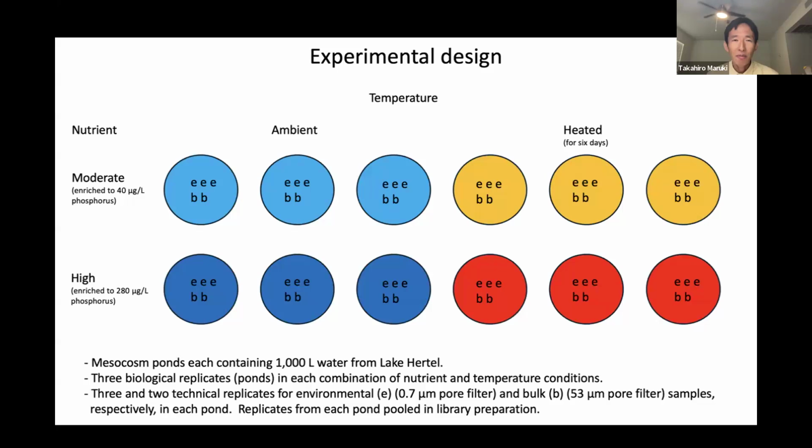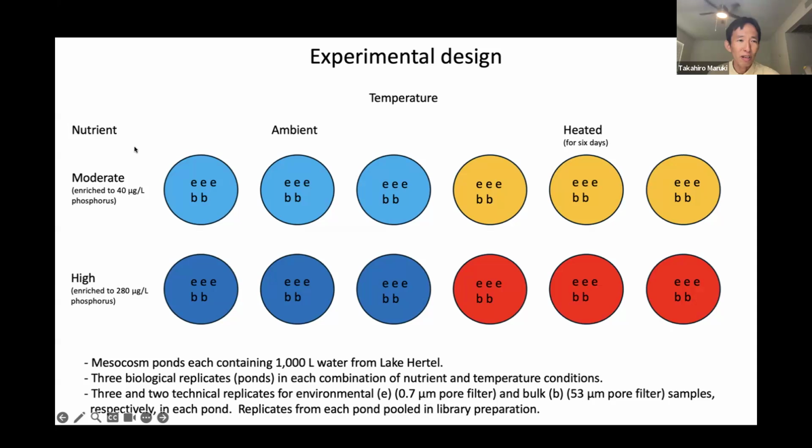In this study, we examined the feasibility using mesocosm experiments. In our experimental design, we have two environmental stressors of interest, heat and nutrient. For temperature, we have ambient and heated conditions.